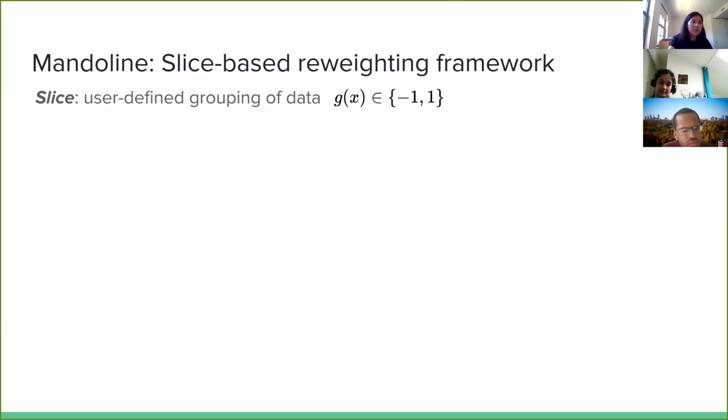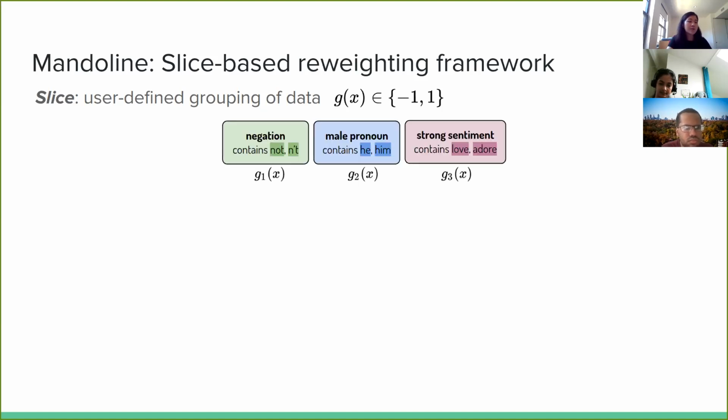As an example of what slices are, we can consider a sentence classification task, like sentiment analysis. A user can construct 3 slices representing negation, male pronouns, and strong sentiment, where each of these classifies a sentence based on the existence of the highlighted keywords, such as not, he, him, love, and adore.